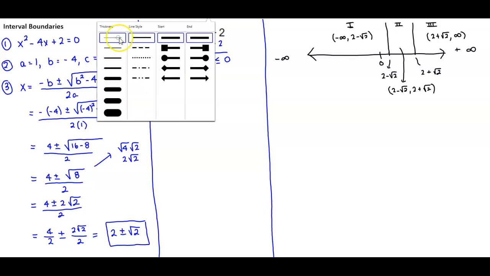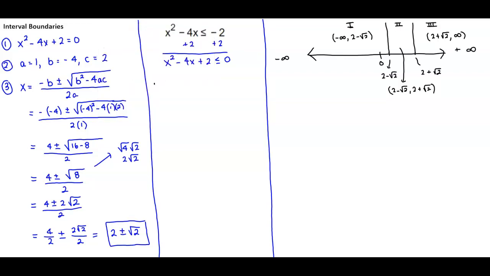Now we're going to go ahead and check our testing points for each interval. So let's take a look at interval 1. For interval 1, we can choose 0. So we're going to plug in 0 and then use this formula here. So we have 0 squared minus 4 times 0 plus 2, is that less than or equal to 0?